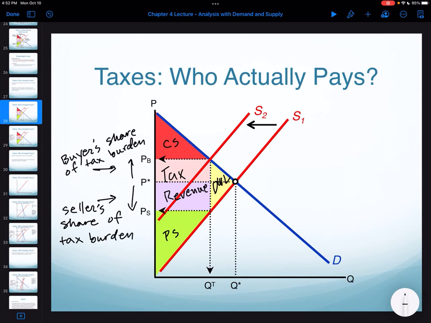And so that's what we mean by they both share the burden of the tax. The price goes up for the buyer. The seller doesn't get as much as they would have received before, which would have been the equilibrium price. So buyer and seller always share in this tax burden.